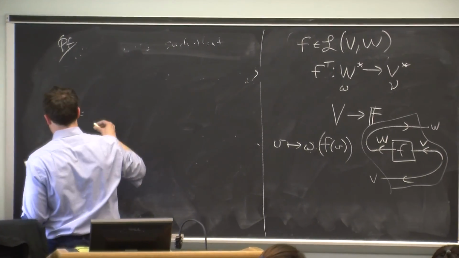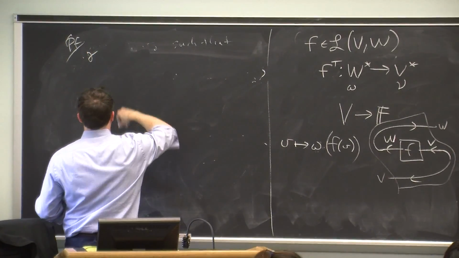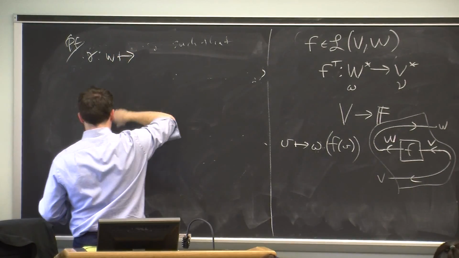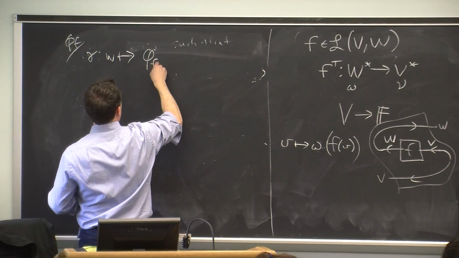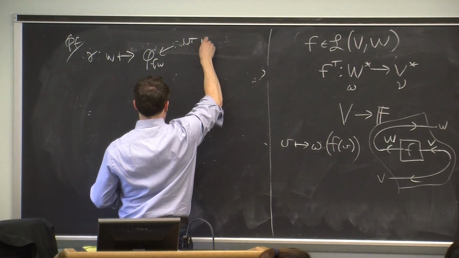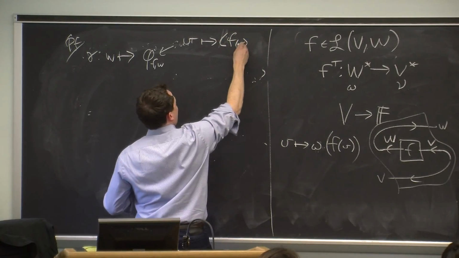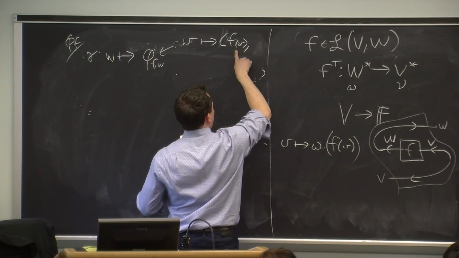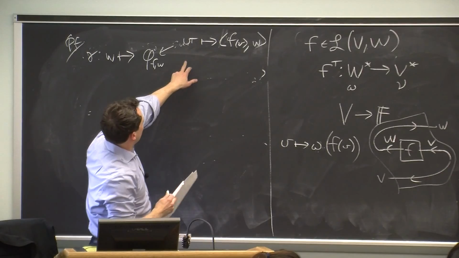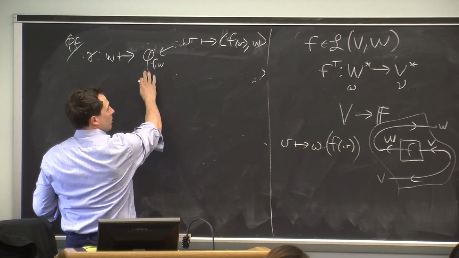Proof. So the idea is we have this map gamma. It sends w to phi of F w, where phi of F w is this map sending V to the inner product of F of V with w. So it takes the data of a map F and a w, applies it to a vector V, and spits out a scalar element. So this is in V star.